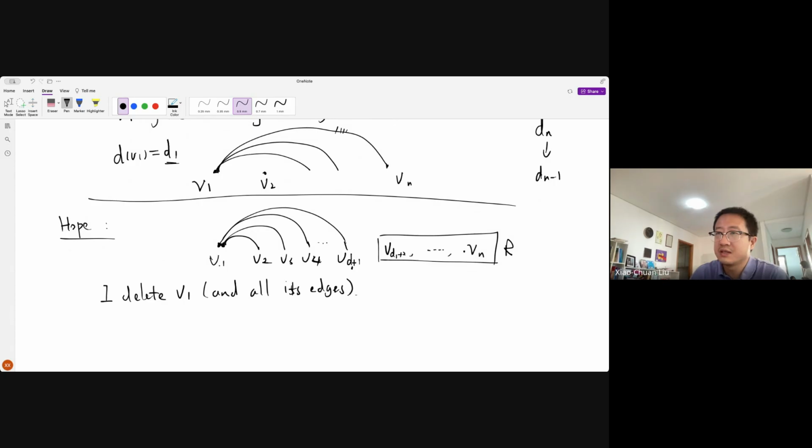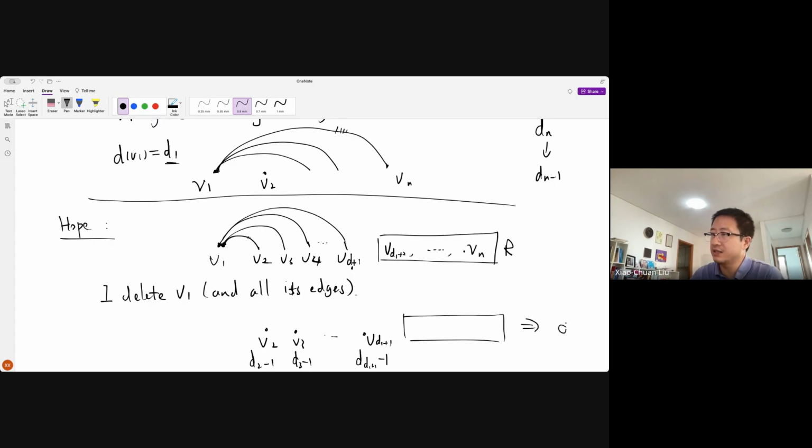Then what happens? The degree of V2 becomes D2 minus 1, because this edge is deleted with V1. And V3 becomes D3 minus 1, and so on until V(D1 plus 1), whose degree becomes D(D1 plus 1) minus 1. The remaining vertices don't change.